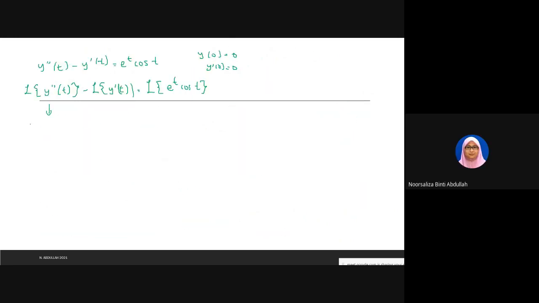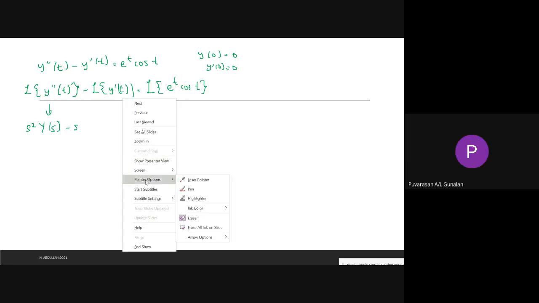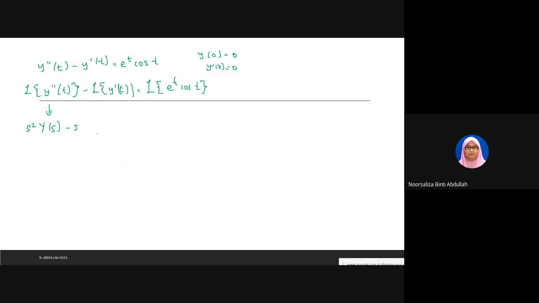So this one will be s square Y(s) minus s y(0), right, minus y prime(0). This one is for y double prime. Minus Laplace for y prime, which is sY(s) minus y(0), equals to Laplace for exponent t cos t.